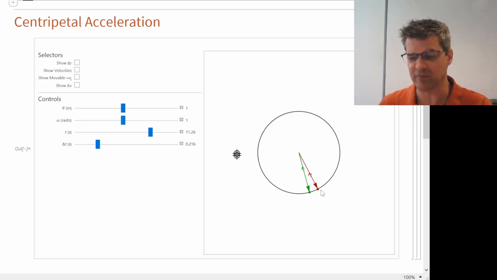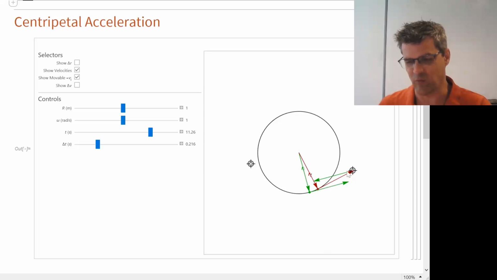But if we're looking at the particle at these two different positions, we see that the particle has two different velocities. If we wanted to see what v final minus v initial is, well, v final is this red vector, v initial is this green vector. For the difference between them, what we would want to do is add a negative velocity, right? So we take v final, we would subtract v initial.